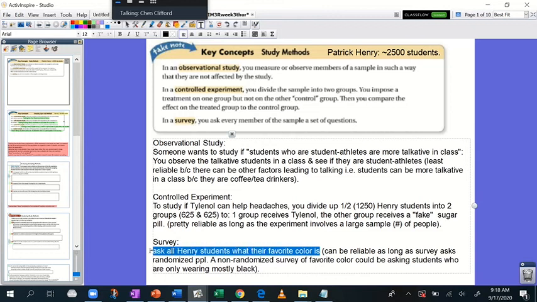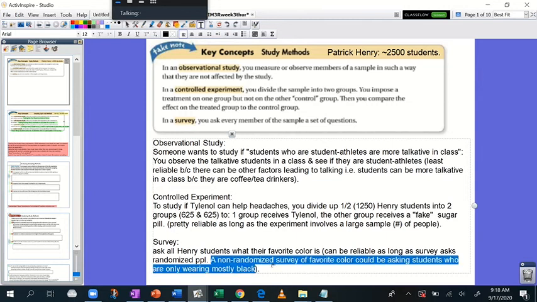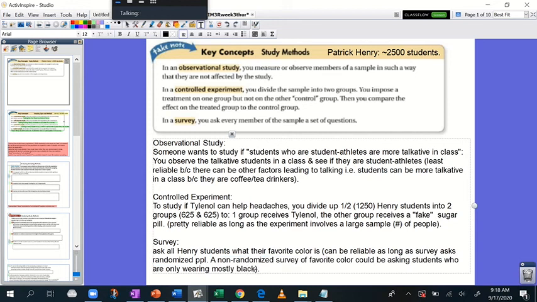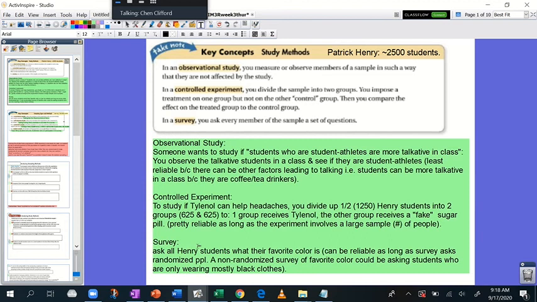All right, now here's an example where a survey is not reliable. Let's say you were to conduct a survey with students wearing mostly black clothes, or wearing mostly red clothes. That's not a randomized survey because you're surveying people who are wearing a specific color clothing.